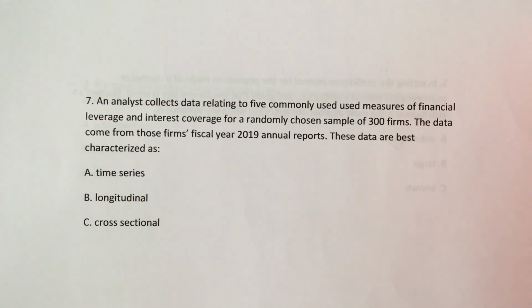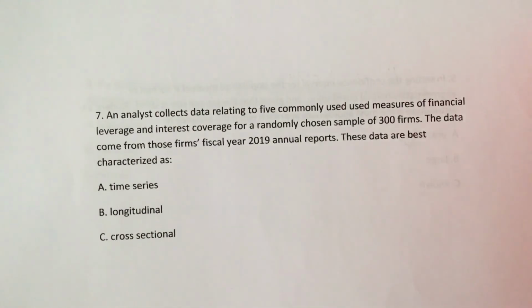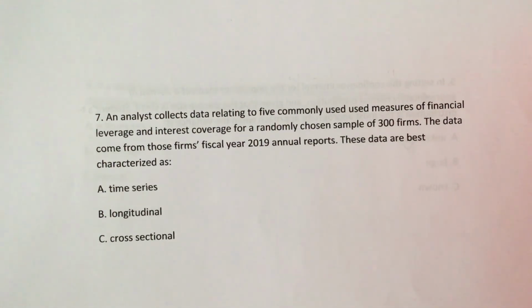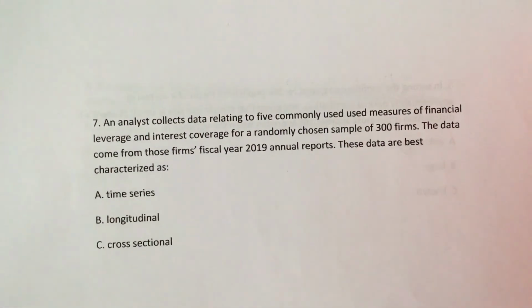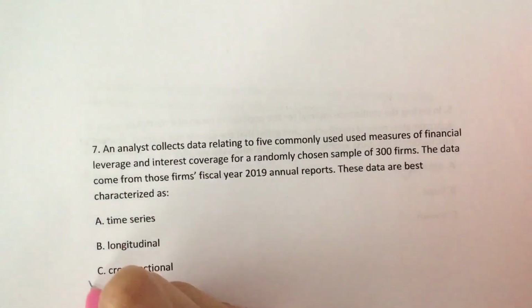These data are best characterized as data on some characteristics of companies at a single point in time are cross-sectional data. So the correct answer is C.